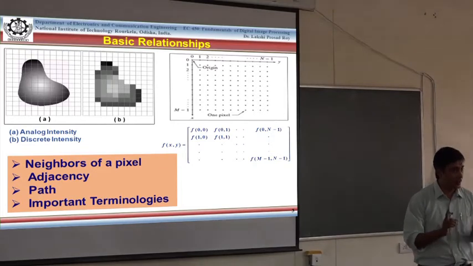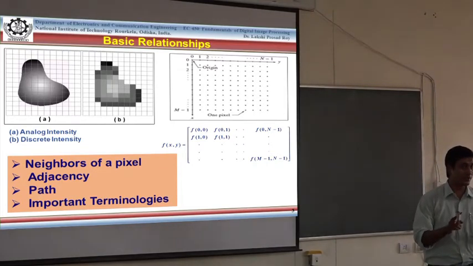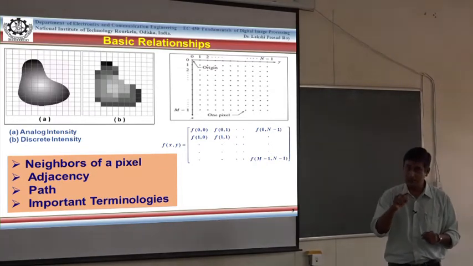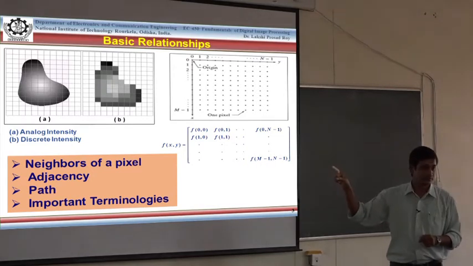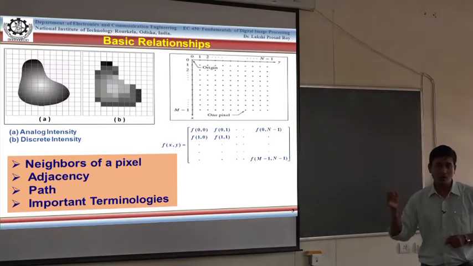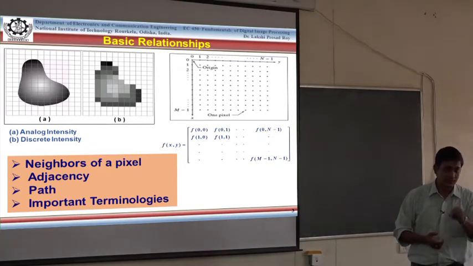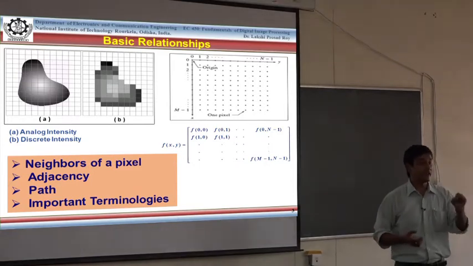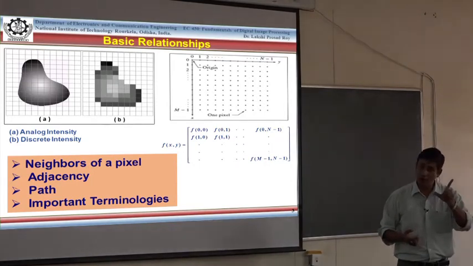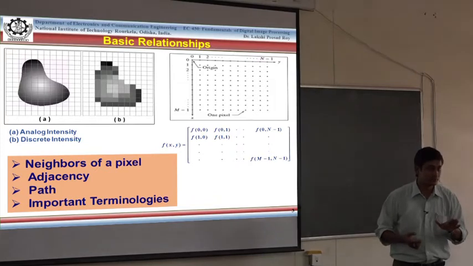So please don't deviate from that point. If I am talking about some numerical value, that is actually the value of f(x,y). How is it different from 10, 001, 110, or digital numbers? It is actually different. This f(x,y) is a discrete value of that amplitude, not its digital value.